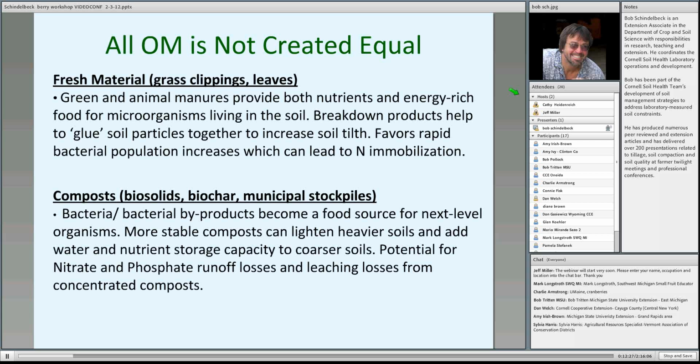So the products that we put on, the added compost, is more stable, which is what we get ultimately from the breakdown of the fresh material that ultimately becomes more stable. But here we're kind of short-circuiting that by doing it in a pile. But also, the last sentence here under composts, we can also concentrate nitrogen and phosphate in the compost and come up with actually a quite rich material. So we have to be aware of that as well.